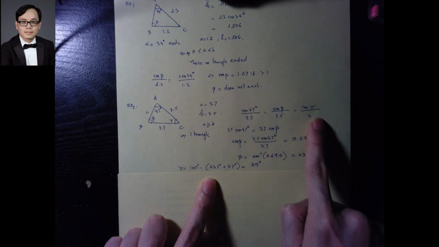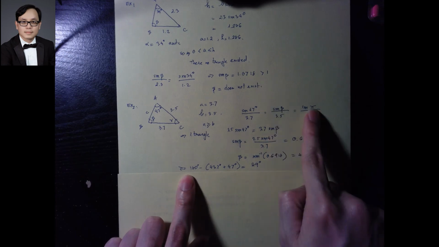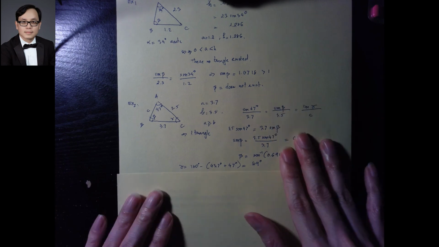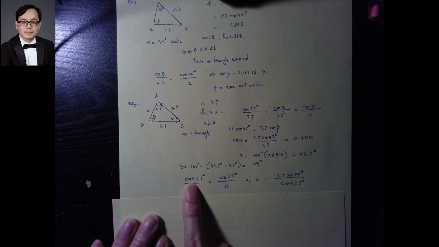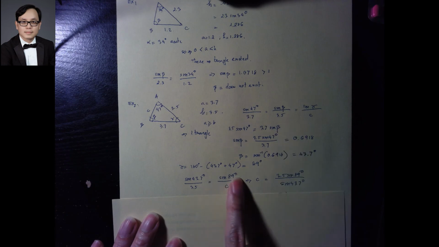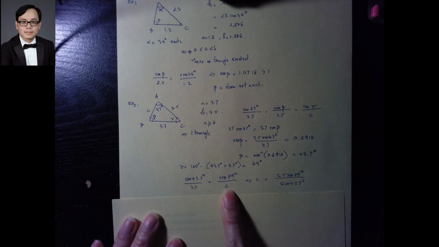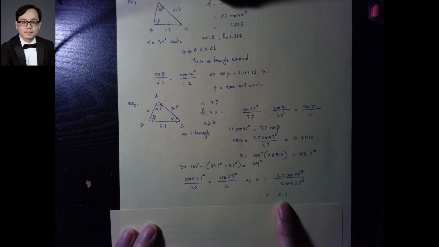And from gamma, I plug into this proportion here to solve for the C value. So sine of 43.7 over 3.5 equals sine of 89 over C. From here I can get C easily: it is 5.1.